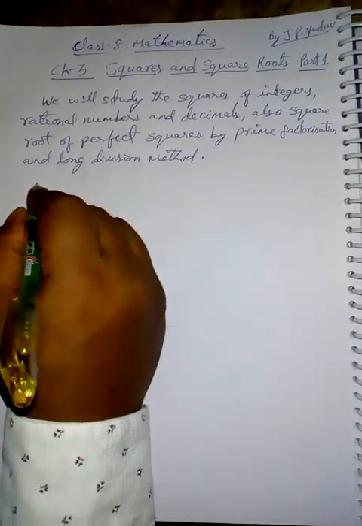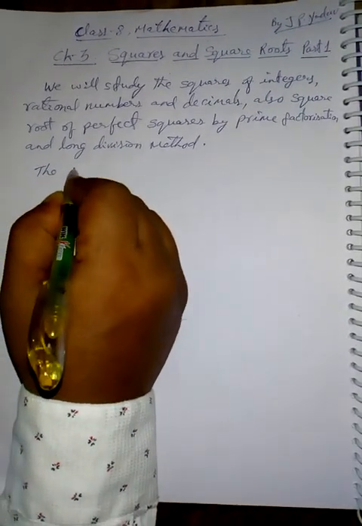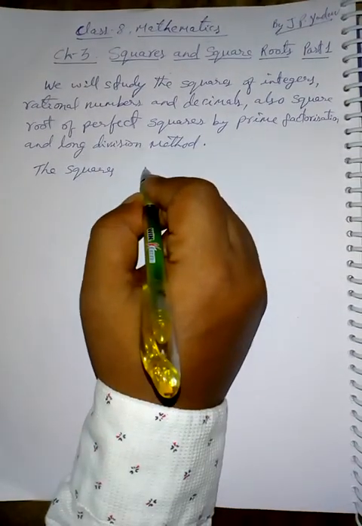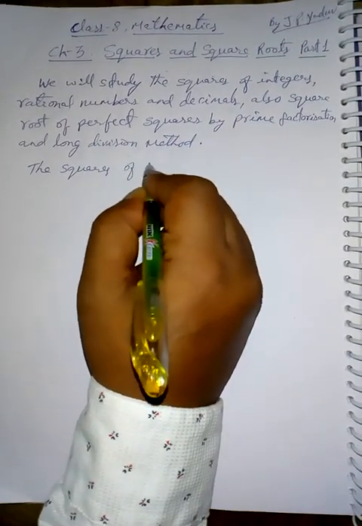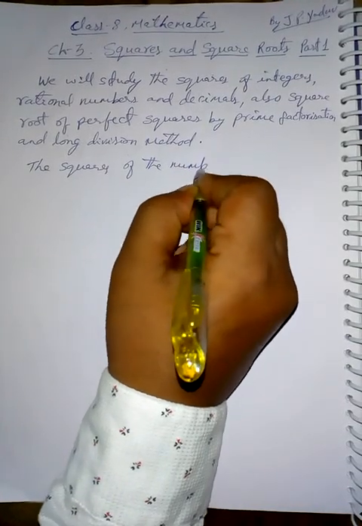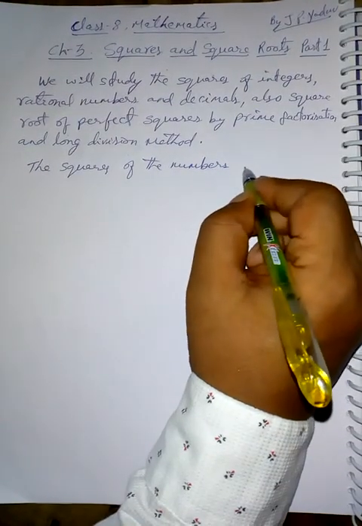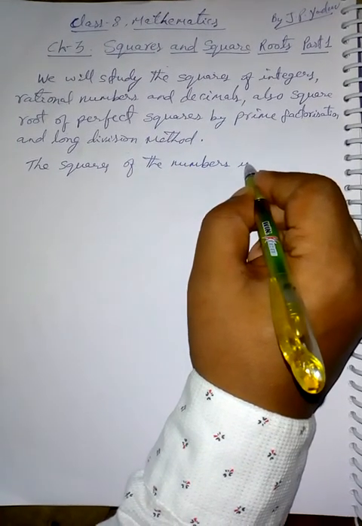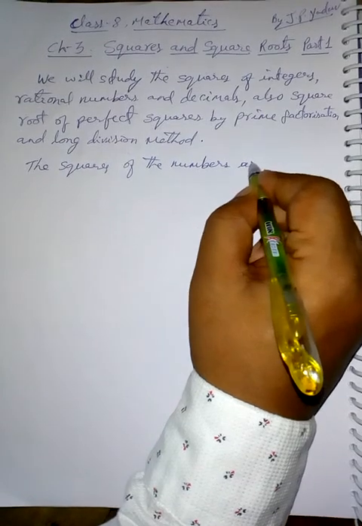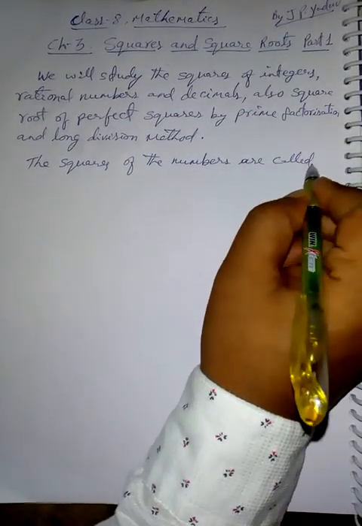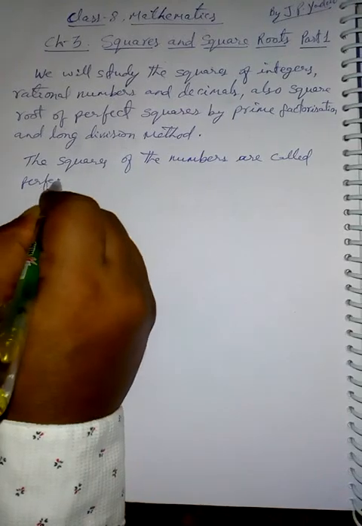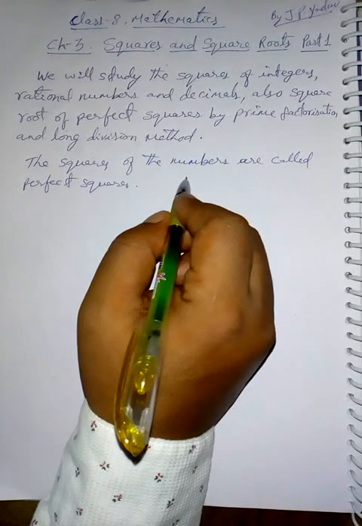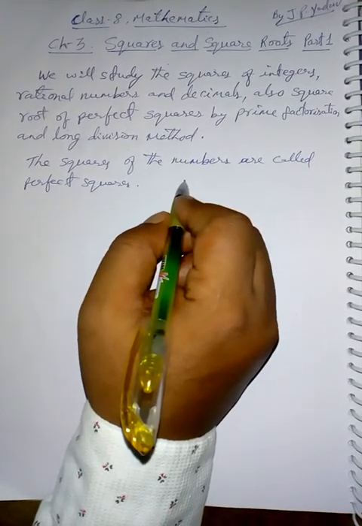So what is a perfect square? The squares of the numbers are called perfect squares. The squares of some numbers are called perfect squares.